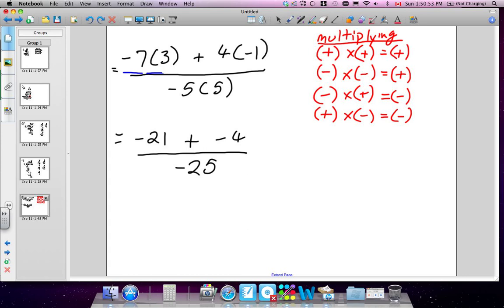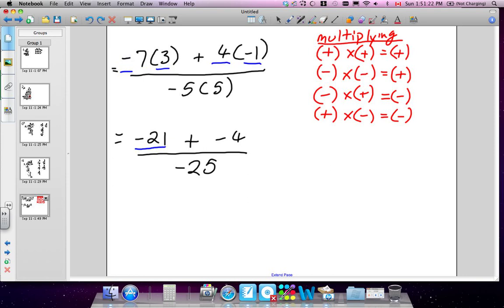So that's exactly what we did here. We had a negative times a positive, and we got a negative answer. You still just multiply 7 times 3, but you bring the negative with it. You don't even have to worry about the sign at first. We just think 7 times 3 is 21, then I worry about the sign. I had a negative times a positive, so I have -21.